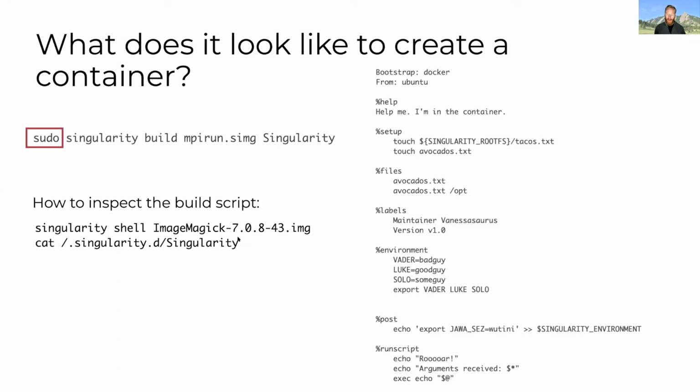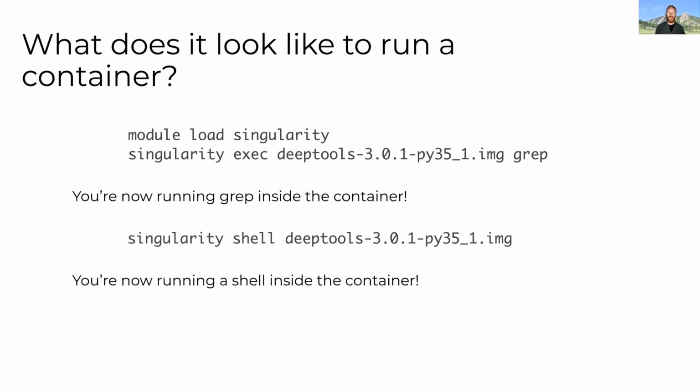Okay, so let's say you have a container that you'd like to use. It's already been compiled. What does it look like to run a container? So on Fiji, we'll have to first use module load to load Singularity, and then you can use the command singularity exec, and then the name of the Singularity container here, and then whatever command you'd like to use.